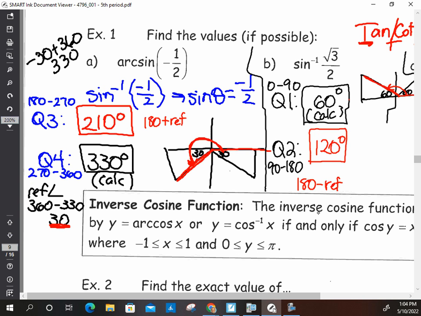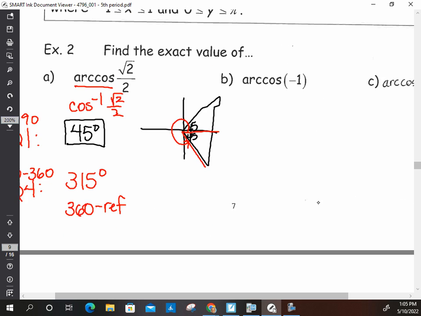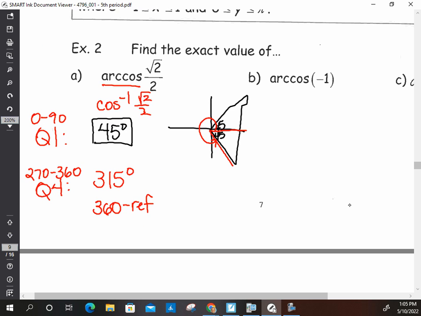So if you don't want to keep drawing the triangle, that's fine. If drawing the triangle helps you see it visually, then do what you do. There's your 2 answers. Any questions, part A?